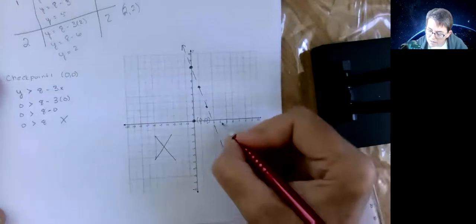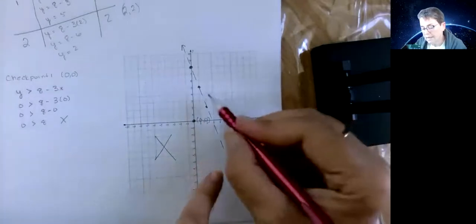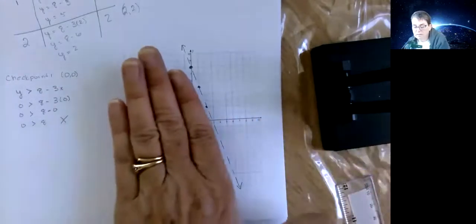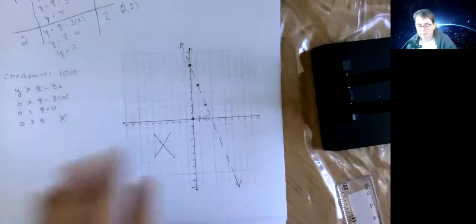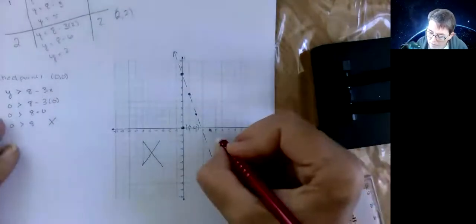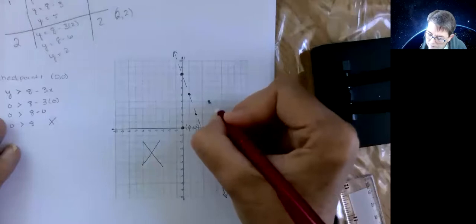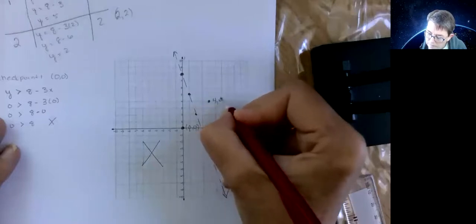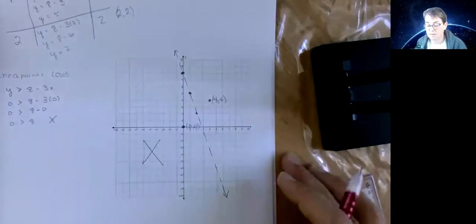All right, I need any point on this other part of the graph. And I'm going to go with 4 and 4. Again, I'm just lazy, but I know my life is easier when I use double numbers for checkpoints.